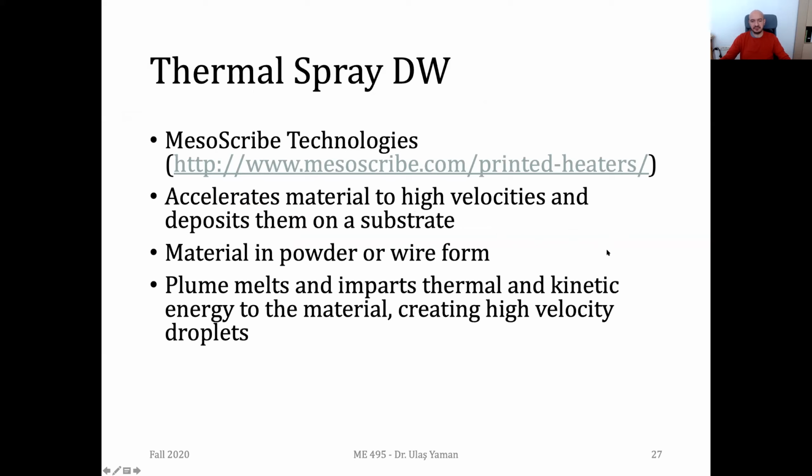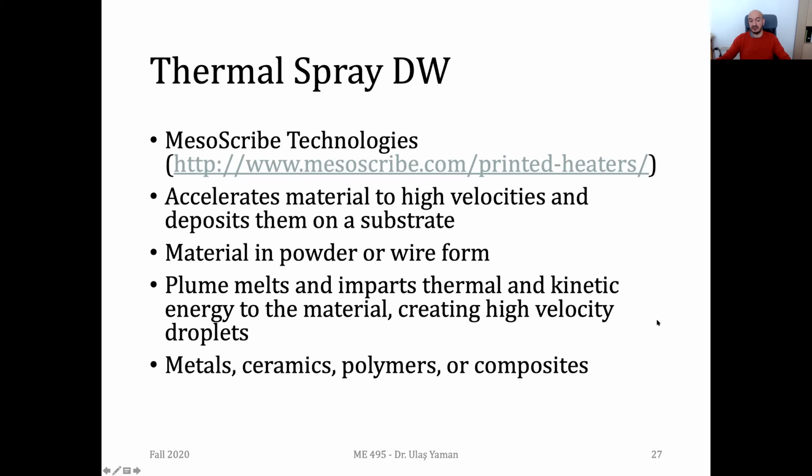It depends on your specific material and the type of system you have in hand. With the help of the plume, we are melting this material and imparting it to the substrate. With this, we have high velocities, high thermal and kinetic energies. You can use several materials: metals, ceramics, polymers, or even composites can be used in this technology.